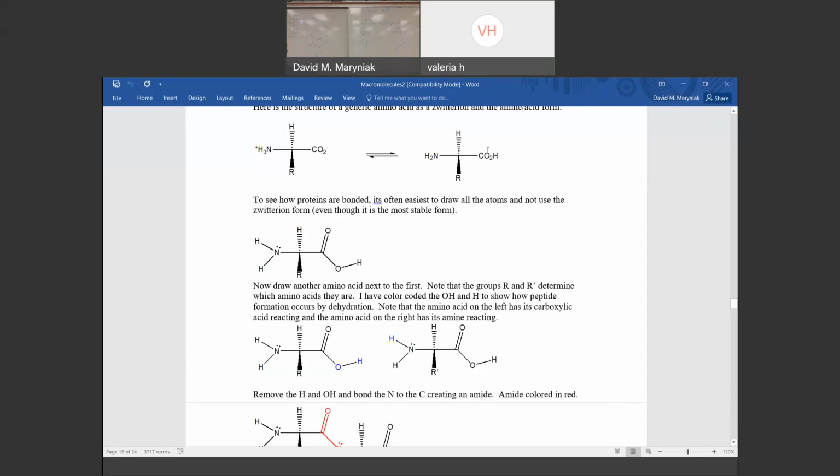So you can get an internal proton transfer to make this charged, doubly charged molecule or form. And this is called a zwitterion. You can debate a lot, but it's just important to be able to recognize that these both exist. And they can exist simultaneously and equilibrate with each other.